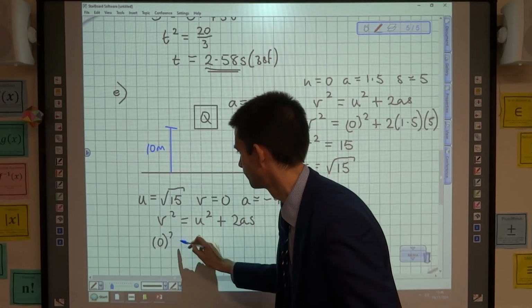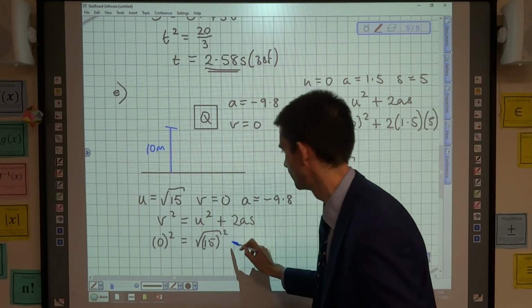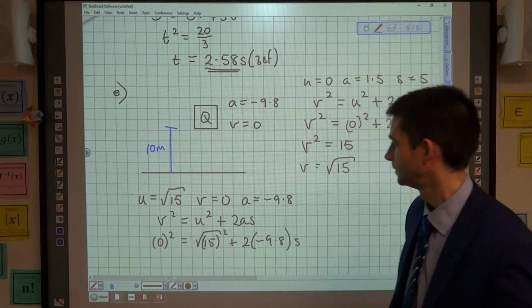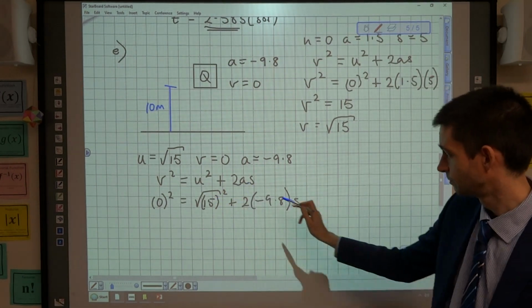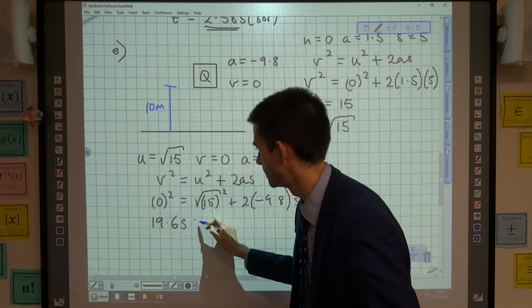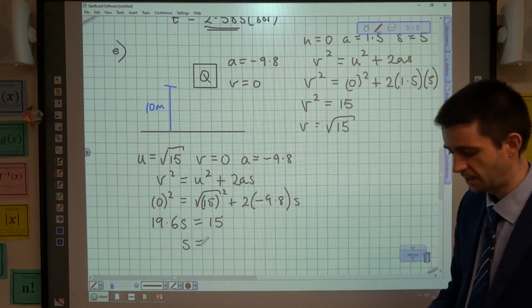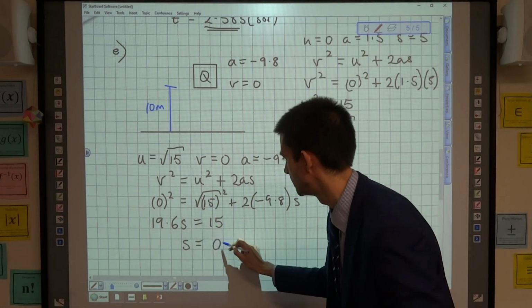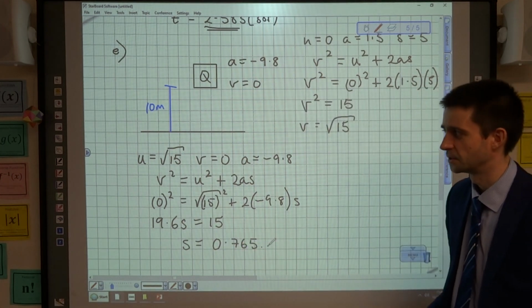So 0 squared equals root 15 squared plus 2as. Root 15 squared is 15 minus 19.6s. So we're going to get 19.6s equals 15, which means that s is 15 divided by 19.6, which is 0.765 metres to 3 significant figures.